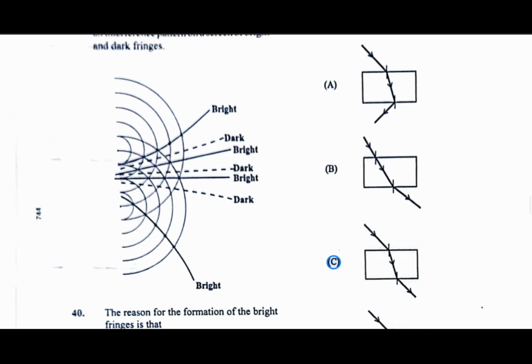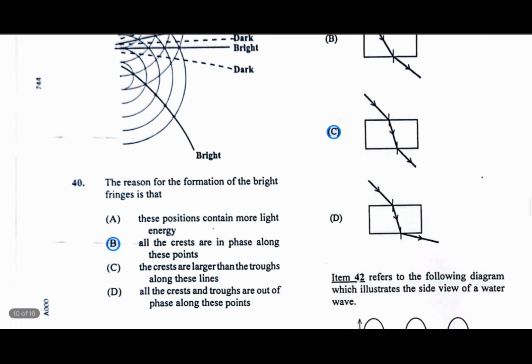Whenever you have two waveforms interacting, there will be points where the waves are in phase, and if the points are in phase, they're going to combine, and that's called constructive interference. So in this case, if they align, then it's going to produce a bright spot. But if destructive interference happens, that means the waves are out of phase, then they're going to cancel off, and that's going to create a dark spot. So if it produces a bright fringe, then all the crests are in phase along these points.